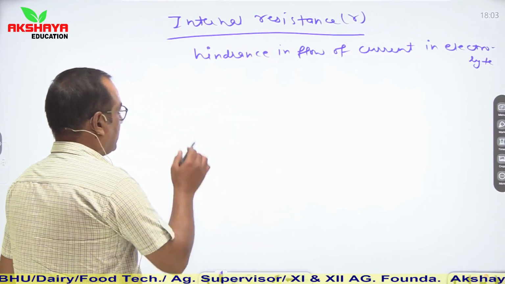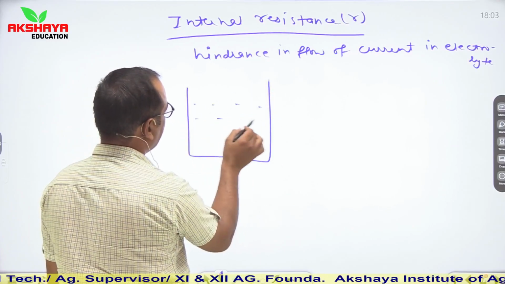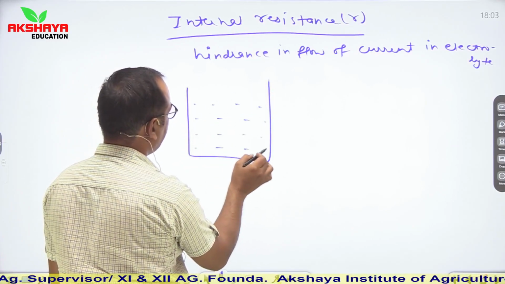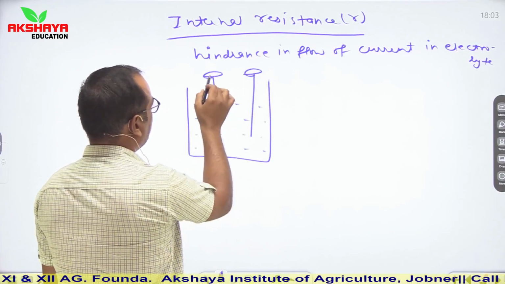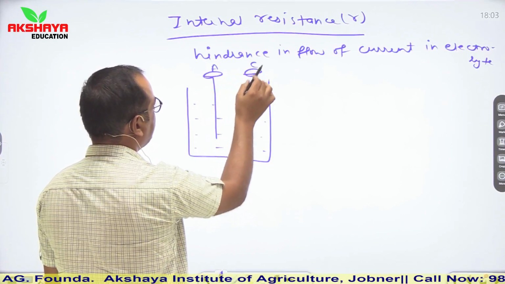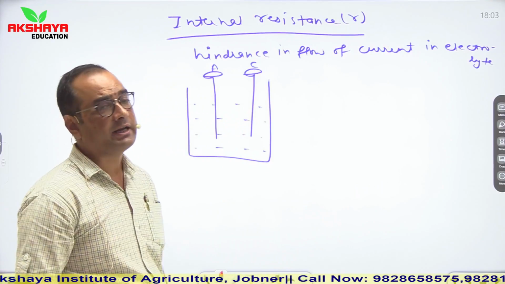So if I draw a schematic of this cell again, then let us say this is any electrolyte. These are two terminals which are anode and cathode, let us say A and C. So factors affecting internal resistance.